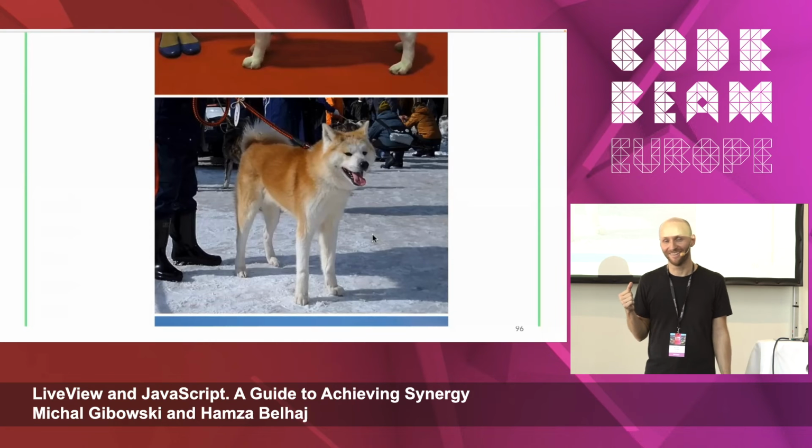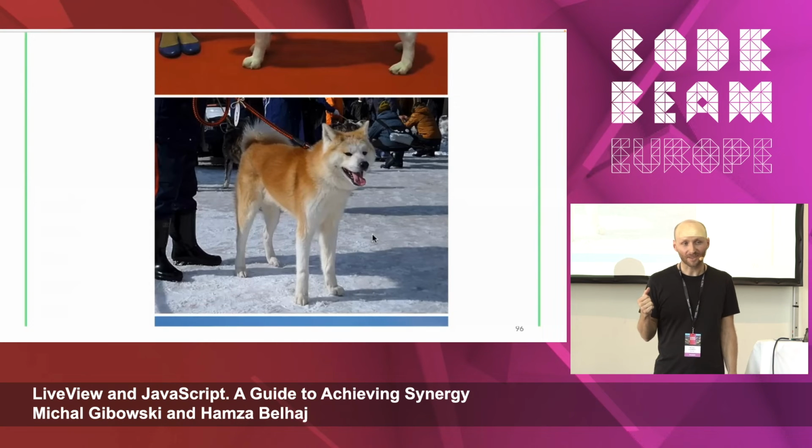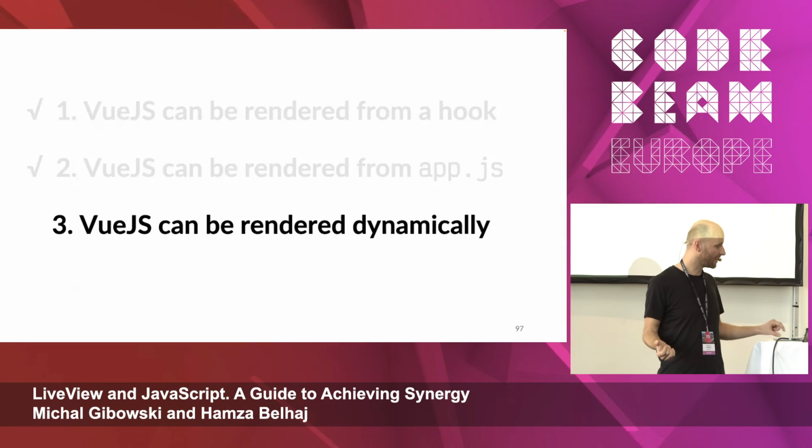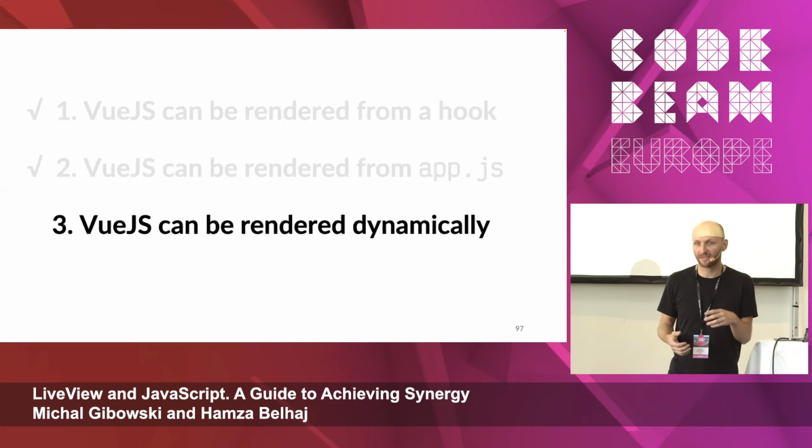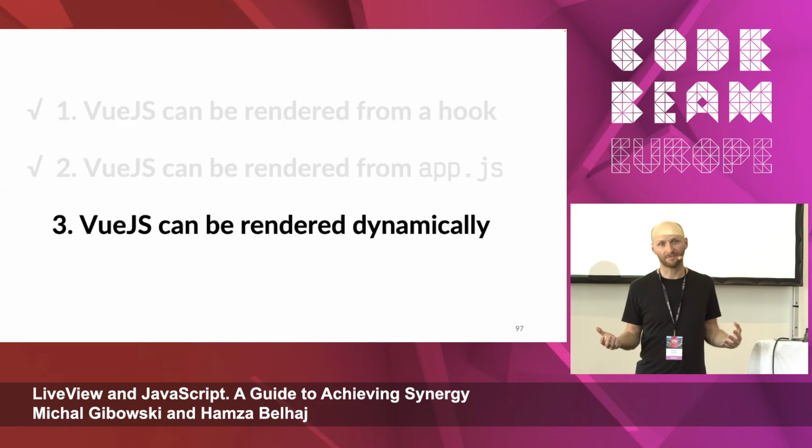Actually, sometimes we have to render it from the hook, because sometimes Vue.js has to be rendered dynamically. Let's imagine the HTML element that wants to host the Vue.js app is not there at the beginning when we visit the page for the first time.